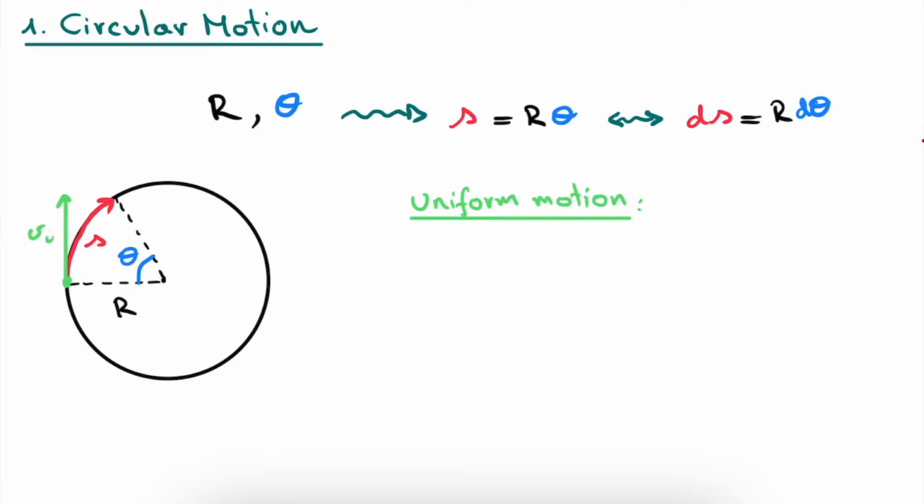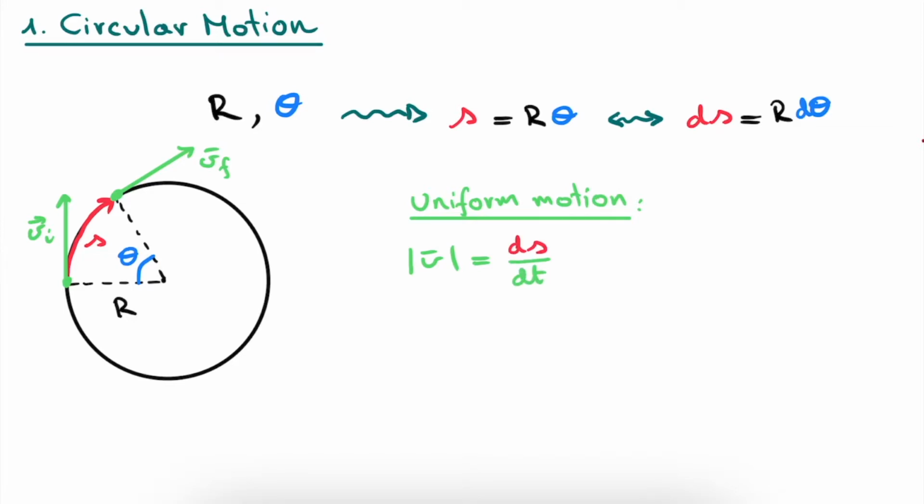So let's say that we have our initial velocity here, vi, and then at this point we have our final velocity, vf. In uniform motion, the velocity along the trajectory is constant, so we're moving in a circular motion at a constant velocity. Since this is just a velocity, it will be the same as if we were traveling in a straight line: the change of position with respect to the change of time.